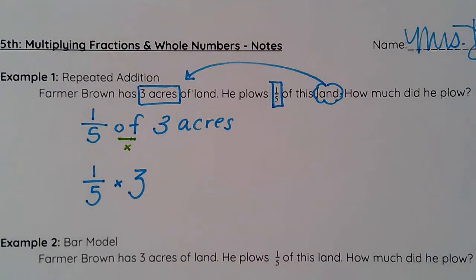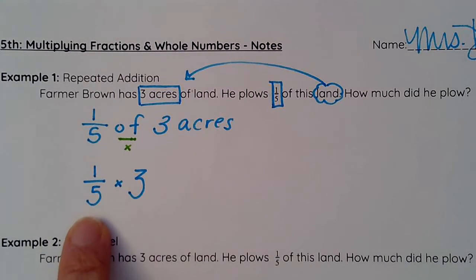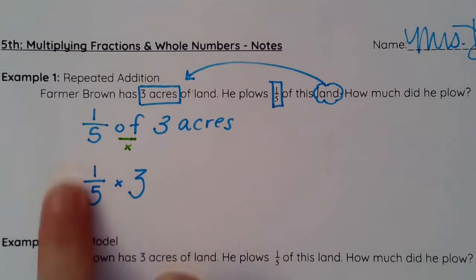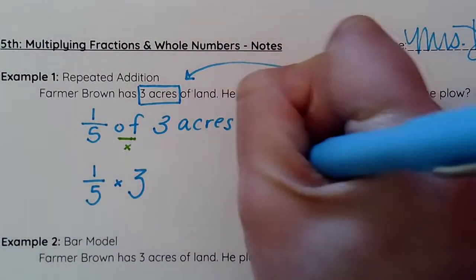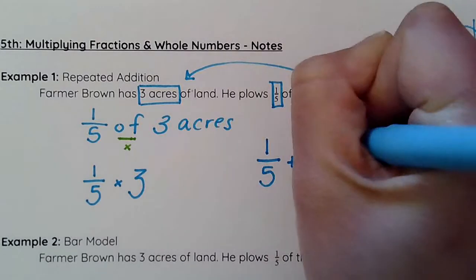We already know that multiplication of any kind, multiplication of decimals, whole numbers, fractions, is simply repeated addition. So I can add this 1/5 fraction 3 times and I should get my answer.